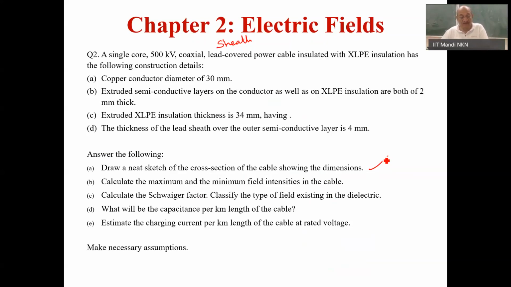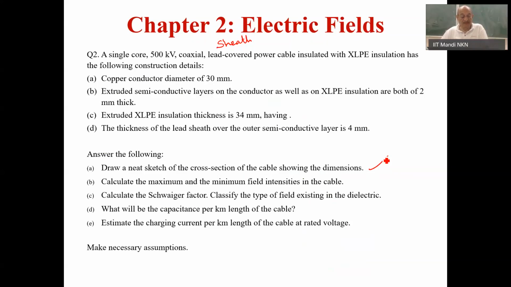If you draw the circle properly, you will learn properly the inner and outer radiuses for the coaxial cylindrical arrangement. Then calculate the maximum and minimum electric field intensities in the cable. You have learned it in this chapter.